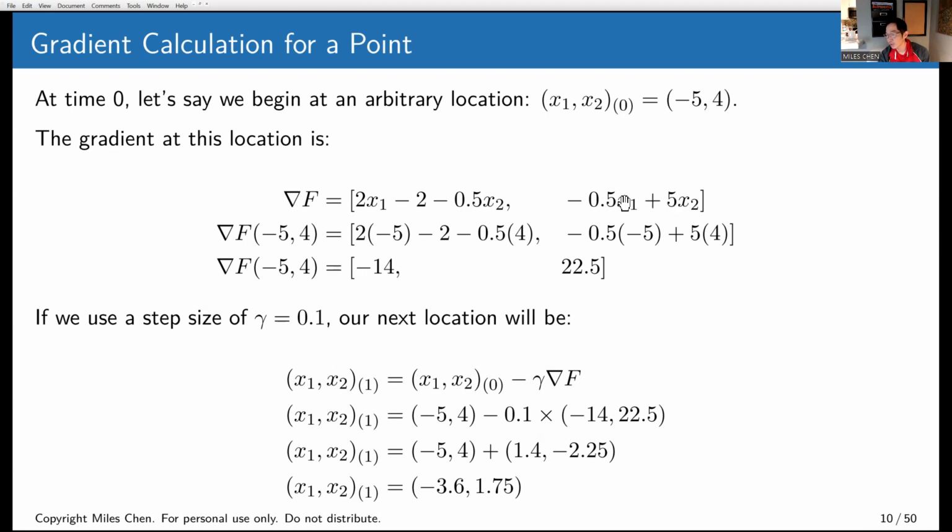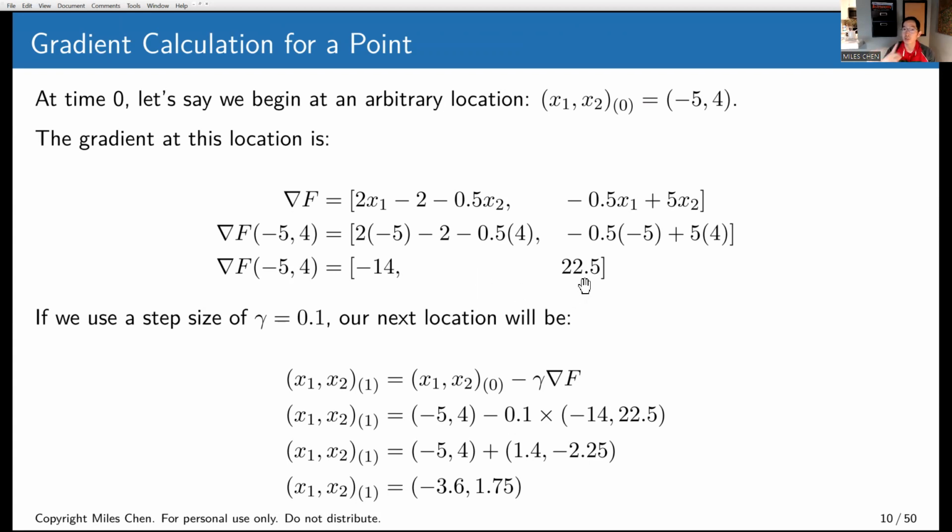The second part of my gradient is -0.5 x1 plus 5 x2. Plugging in -5 and 4, this is 20 and this is positive 2.5, and I add those together and get 22.5. So my gradient at -5, 4 is the vector -14, 22.5.